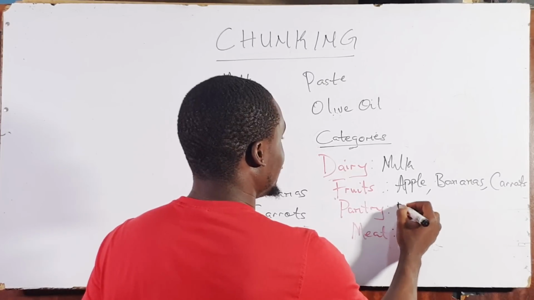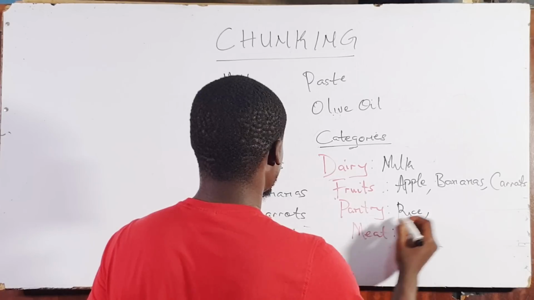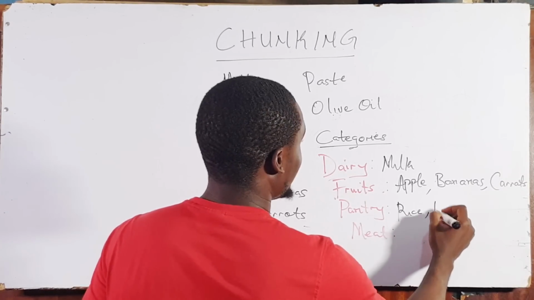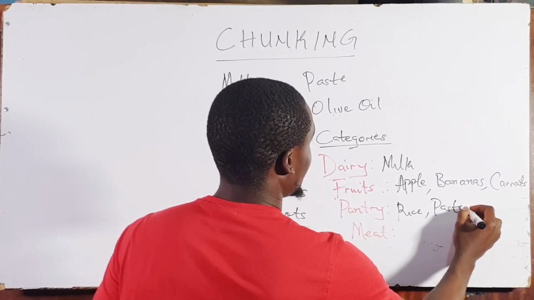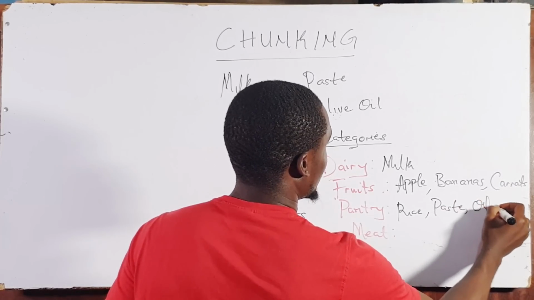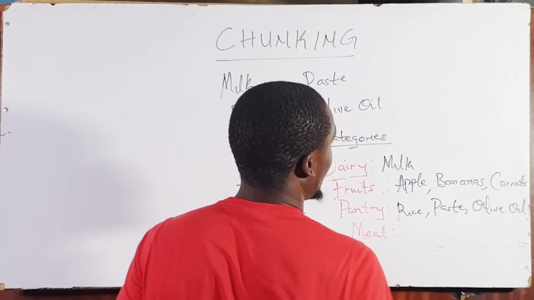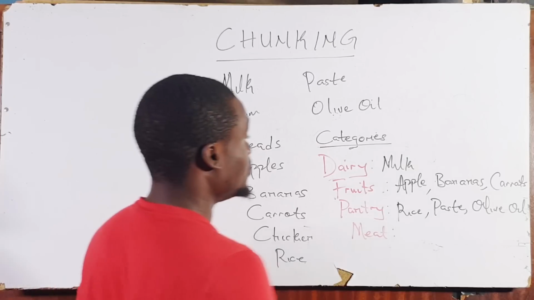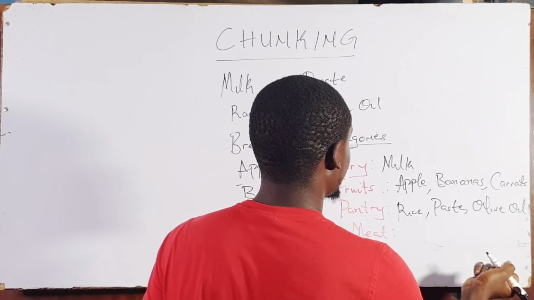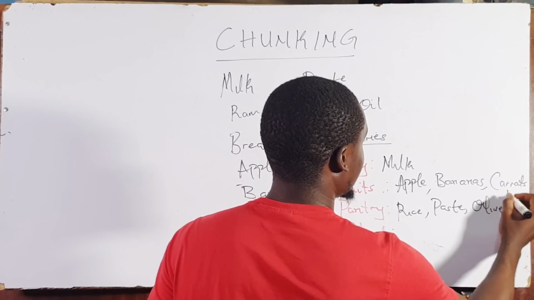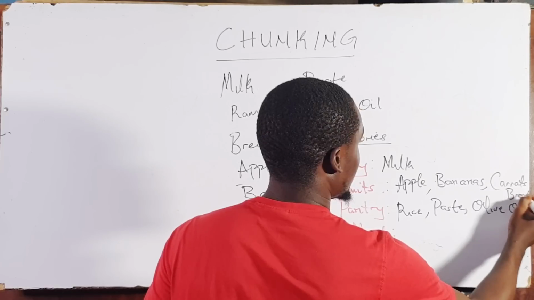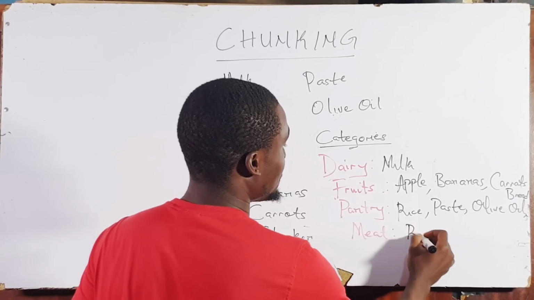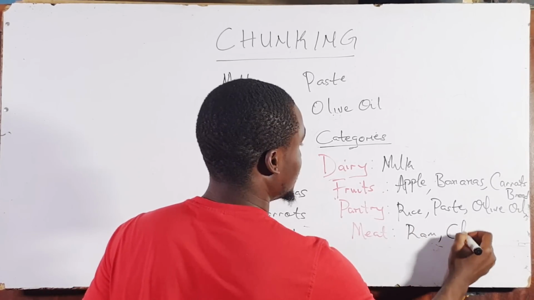Under pantry, we have rice, pasta, olive oil, and I think bread is part of it, we can keep bread. Then under meat, we have ram and chicken.